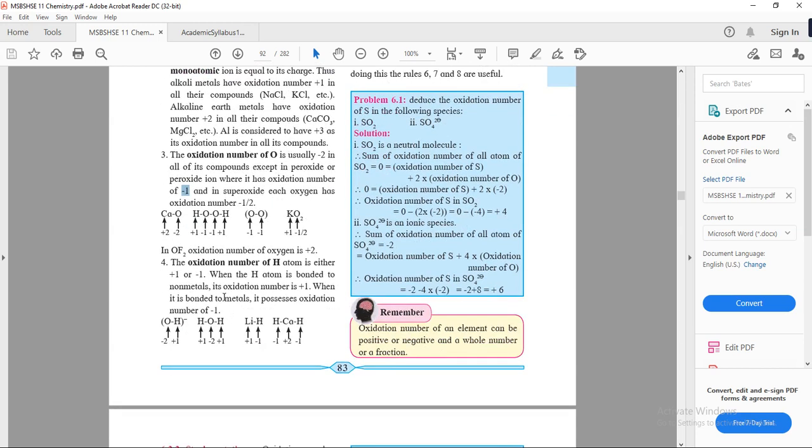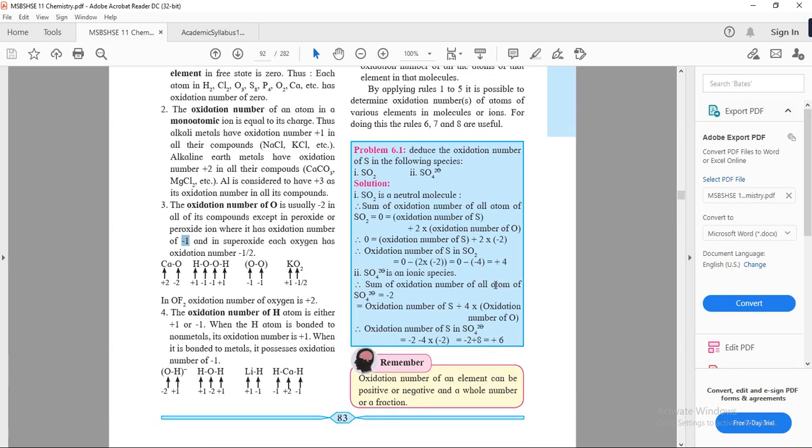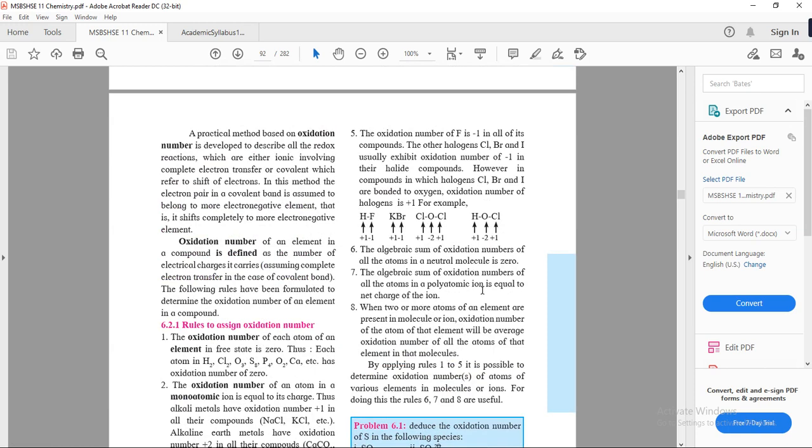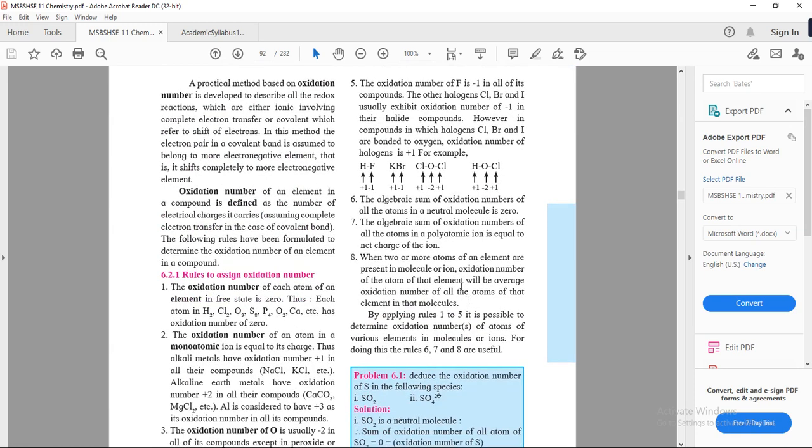And the oxidation number of hydrogen is +1 or -1. Where the hydrogen atom is bonded to non-metals, its oxidation number is +1. And when it is bonded to a metal, it possesses oxidation number -1. Hydride has -1. Okay, we say H minus is what? Hydride.